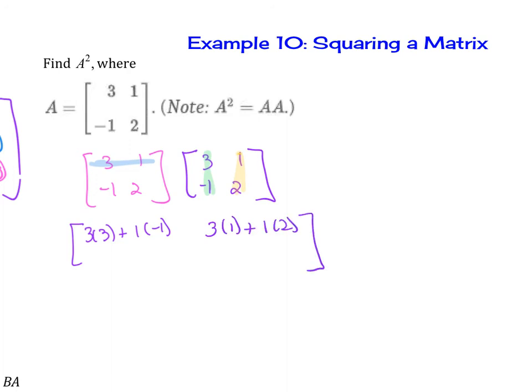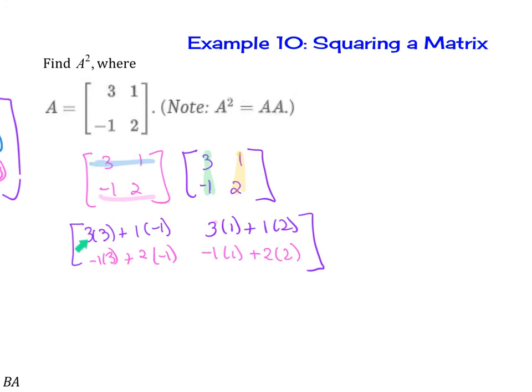Then we'll do the second row here, in pink. So this is going to be -1 times 3 plus 2 times -1, and then the next is -1 times 1 plus 2 times 2. And then, of course, it's always good to double check.